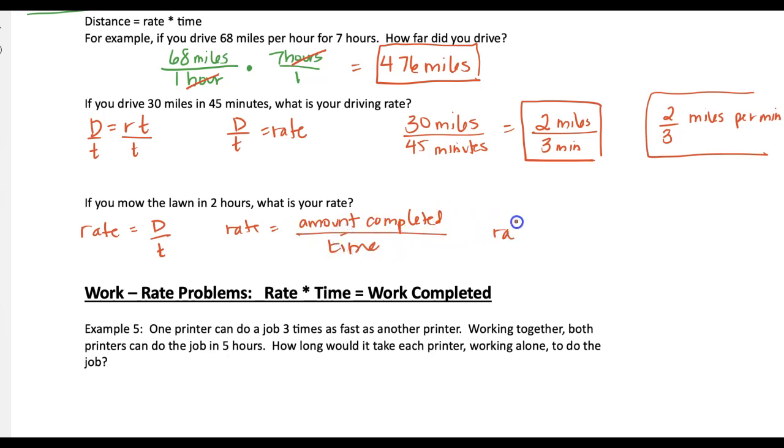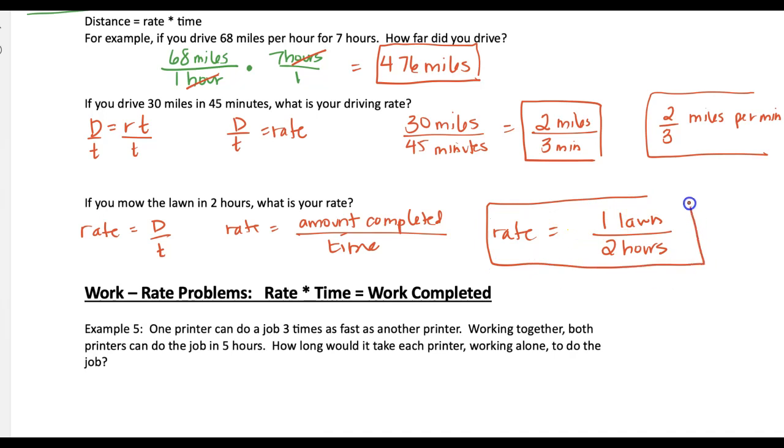So in this case, our rate is going to be 1 lawn is completed every 2 hours. And so our rate is 1 lawn every 2 hours. That's going to help us in our work rate problems in a minute. So again, when we're looking at rate, we're looking at how much is completed, our distance, over time.